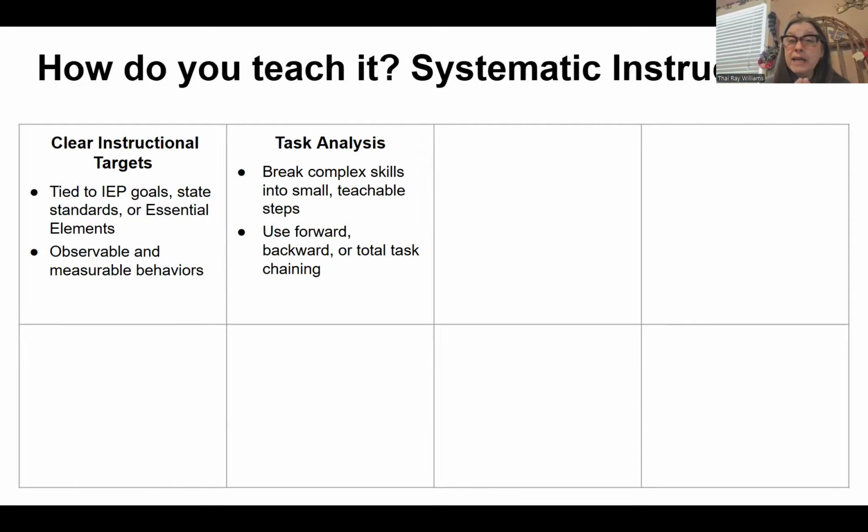You're going to use a task analysis. So again, breaking those complex steps into smaller teachable steps. And you might need to use forward chaining, backwards chaining, or total task chaining. You should have learned about that in your ABA course, but if you need to speak to me to help jog your memory or to expand on the knowledge that you got in that course, feel free to reach out to me.